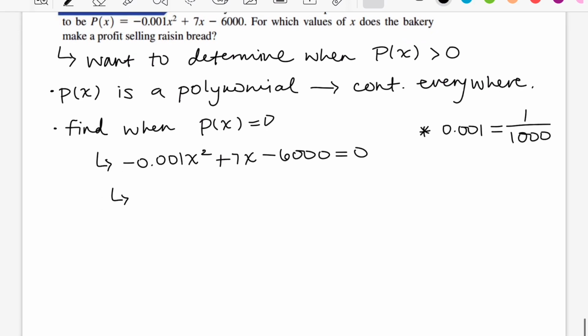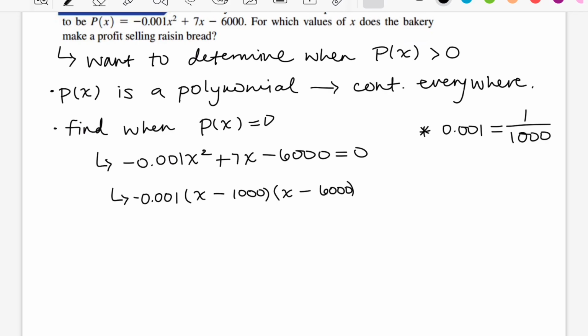So we'll use that. And we know we have x squared. And we know that we have two numbers that need to multiply to be 6,000. So I'll say 6,000 and 1,000. And then we also have this negative 0.01 as our coefficient for x squared, so we'll still have this on the outside. And this tells me that when we multiply everything out, we will get a minus 6,000 and a positive 7 if these are both negative here.